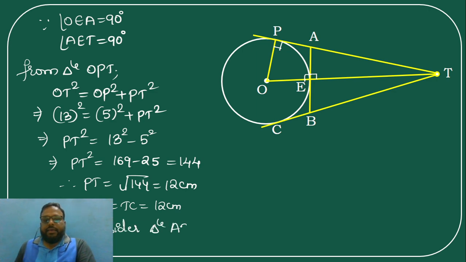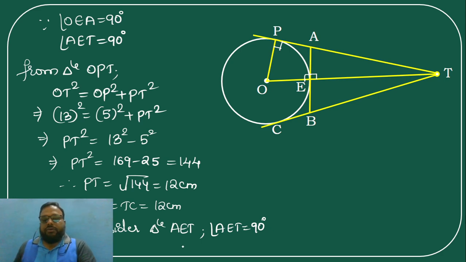When you go to this triangle AET, if you check this clearly, angle AET is 90 degrees. So this also becomes a right angle triangle.